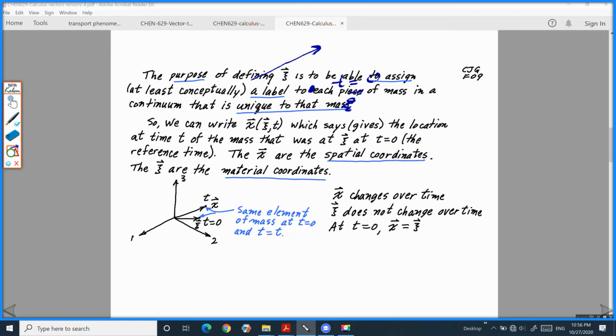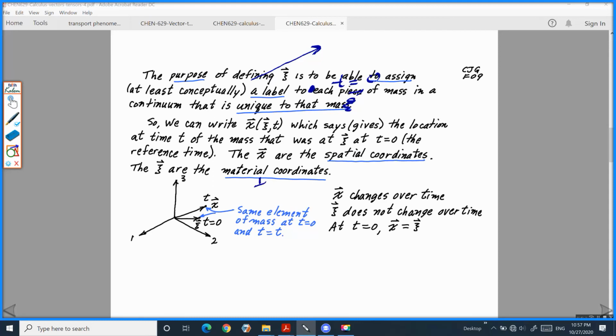Then x are the spatial coordinates and the other are the material coordinates. And we have two definitions here. Then if we want to define the location of the vector and mass, for example, the flowing mass inside your system, this shows the spatial coordinates, but that one shows the material coordinates.